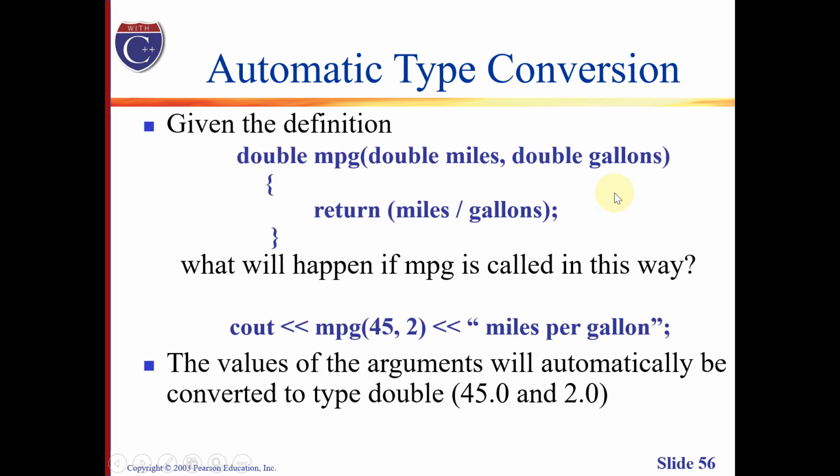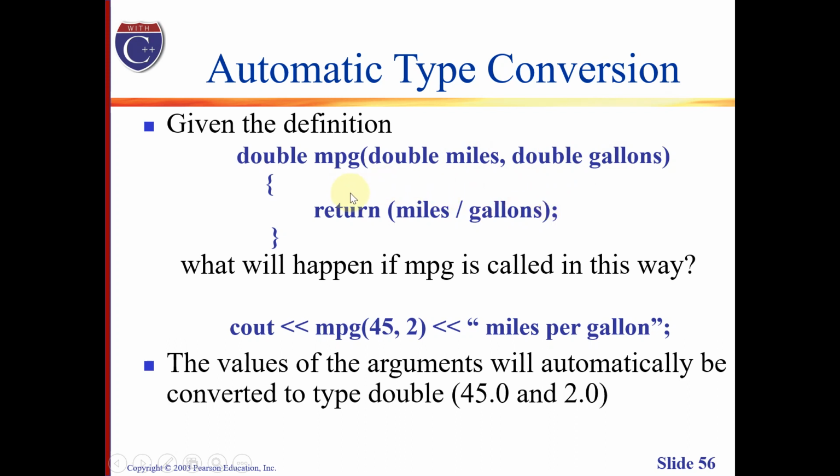We also have what we call automatic type conversion. For instance, we have the definition for the function MPG. As you can see, what it does is calculate the miles per gallon consumption of a vehicle. It has the return type, the name, and of course the parameters that are required, which in this case are two parameters.